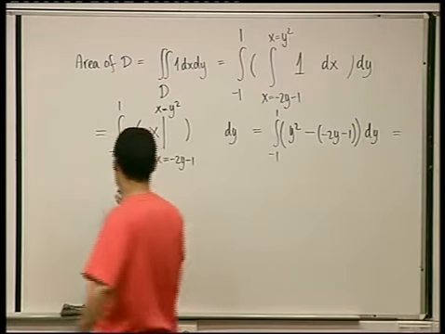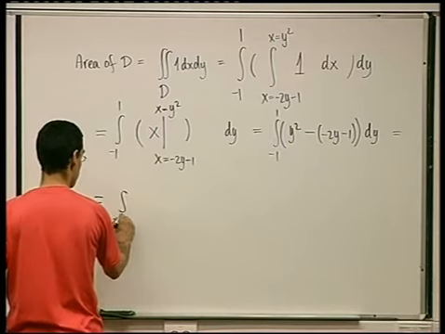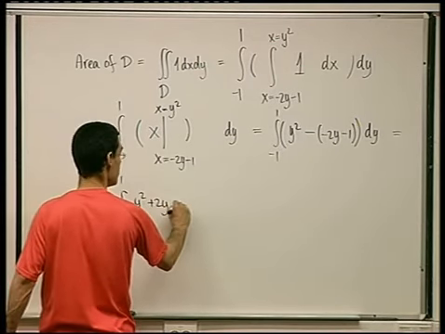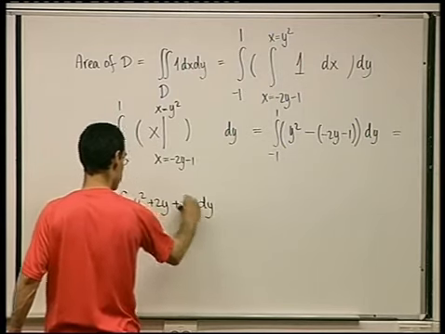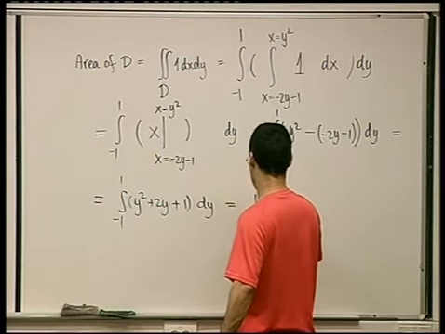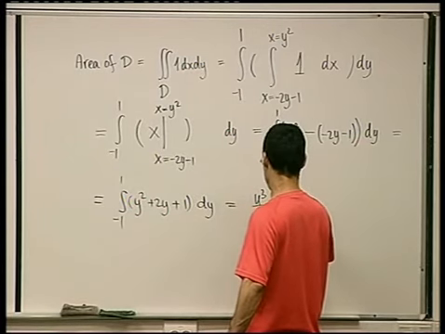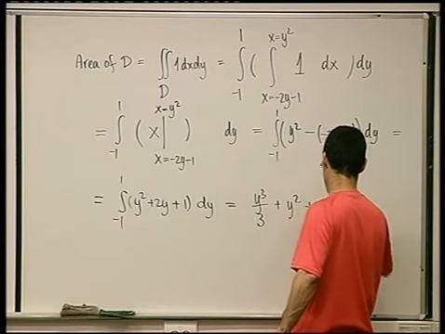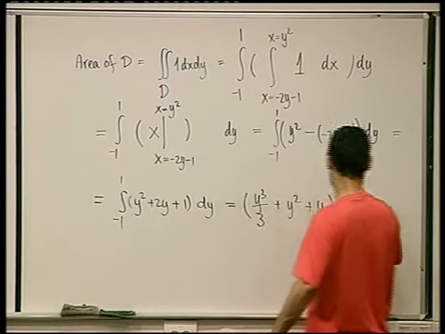So this is the integral from minus 1 to 1, y squared plus 2y plus 1 dy, which in turn equals y cubed over 3 plus y squared plus y evaluated between -1 and 1.